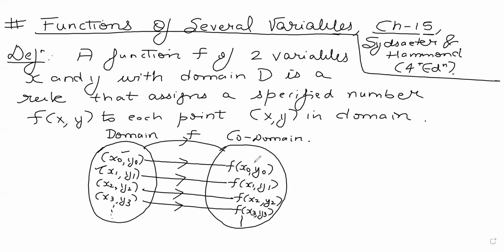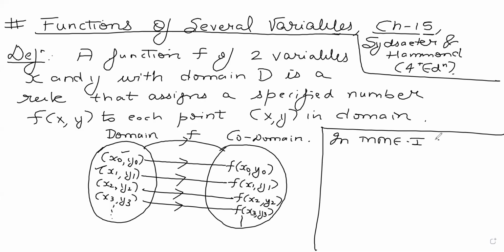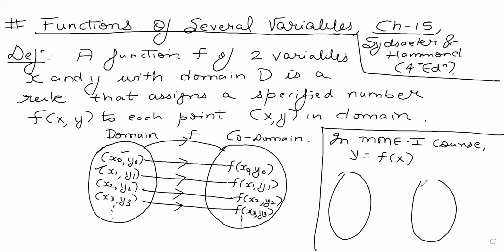Okay, so now if you all can recall in the MME1 course, I can spot the difference for all of you. In the MME1 course, we just had y as a function of x. So our diagram was like this. Domain, codomain, we just had x0, x1, x2, x3, and so on.